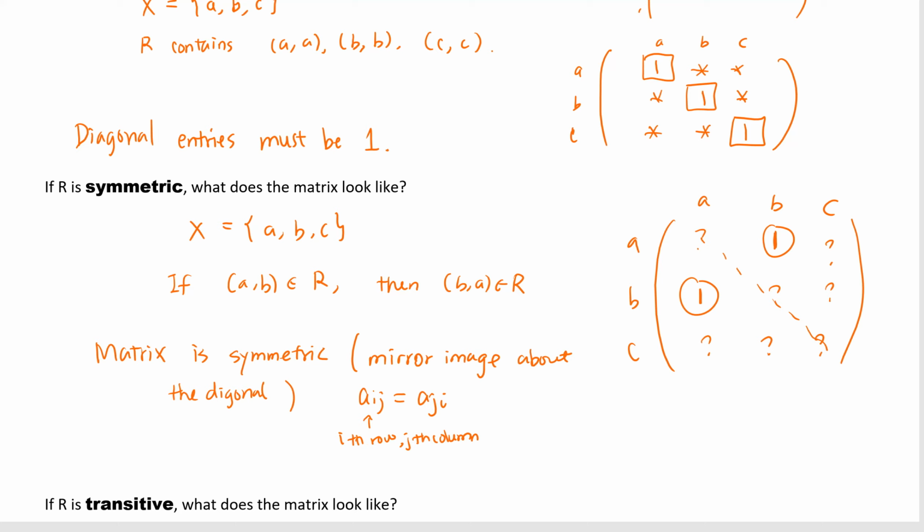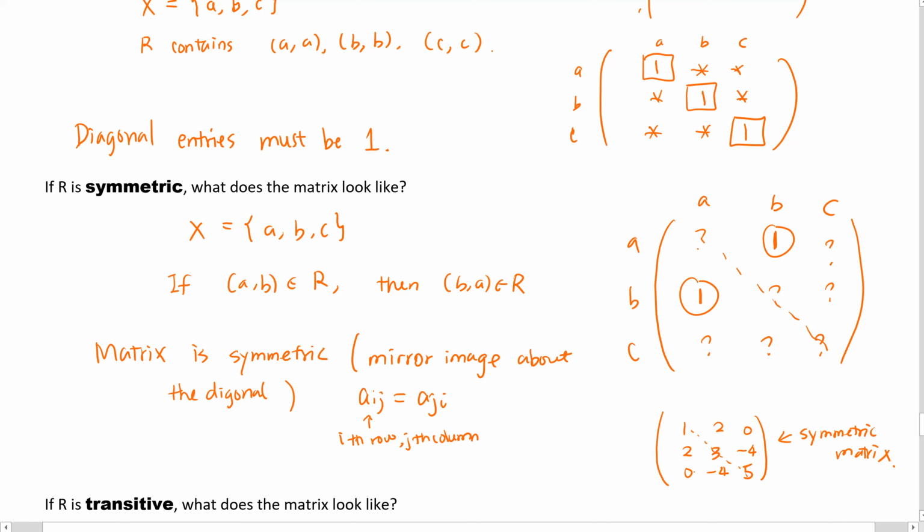Let me give you an example of a symmetric matrix. If we have 1, 2, 0, 3, minus 4, and let's say this is 5. Because it's symmetric, this is the diagonal, so this must be 2, this is 0, this must be 0, this is minus 4, this must be minus 4. So you can see it's a mirror image about the diagonal. This is the symmetric matrix.